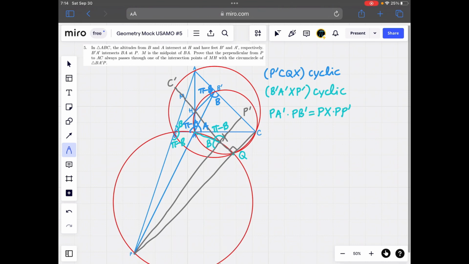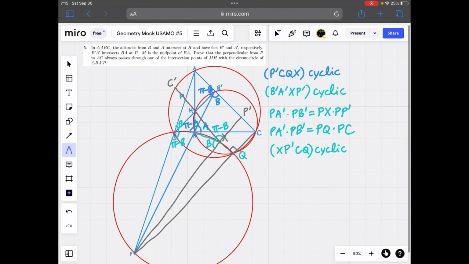Those points also lie on the circumcircle of triangle A prime B prime C. So we can use the power of point P with respect to that circle, and we get that PA prime times PB prime is equal to PQ times PC. Now the right sides are equal, obviously, since the left sides are equal. And so we have that quadrilateral XP prime CQ is cyclic, which is exactly what we wanted to prove.